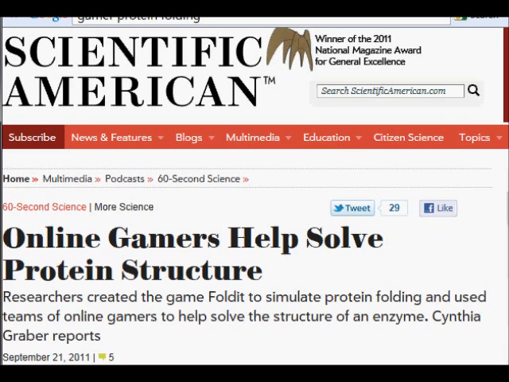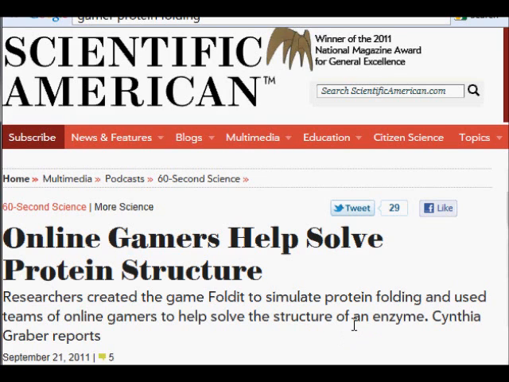But computers are not quite as good at spatial reasoning as humans. So they created a game called Foldit. It's an online game, and they recruited gamers. You play the game, you get points and things like that, and you basically simulate protein folding.